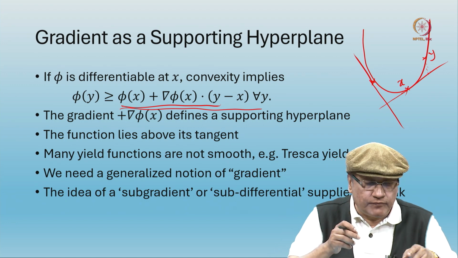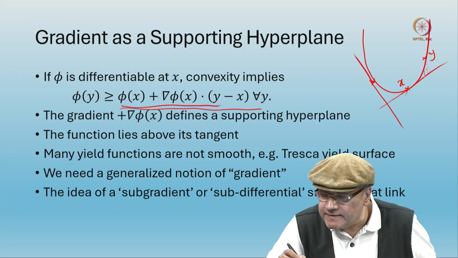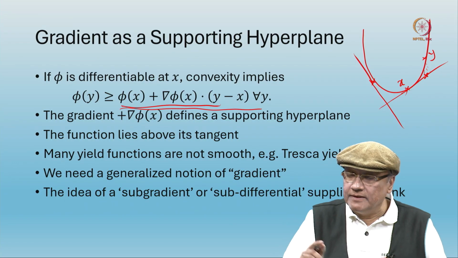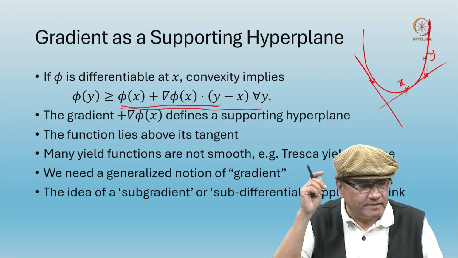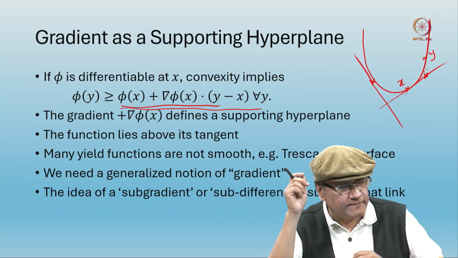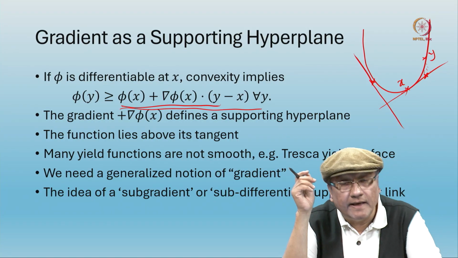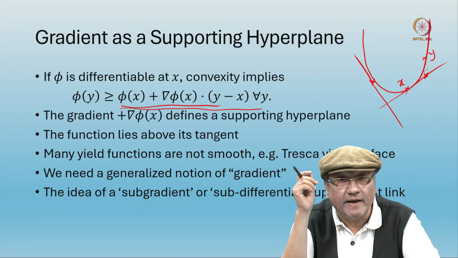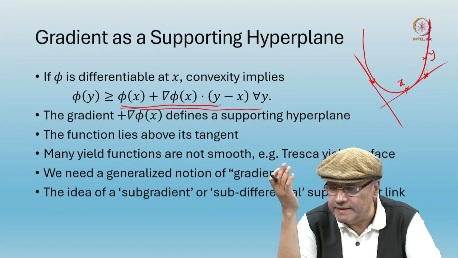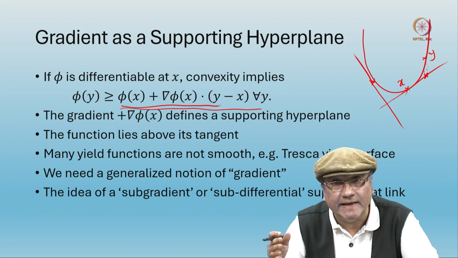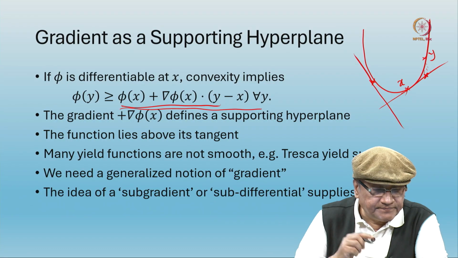If you add that to phi of x, then you will be brought from this point to here, which will be below the curve denoting the convex function phi. So essentially this is the requirement: phi(y) has to be greater than or equal to phi(x) plus grad phi(x) dot (y minus x), for all y, because I can choose y arbitrarily, any point y on that convex curve.